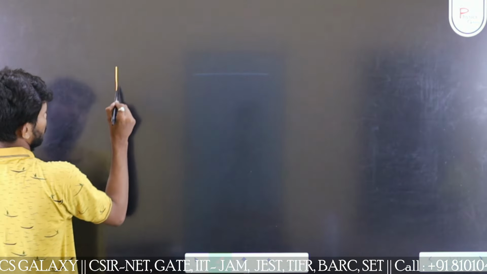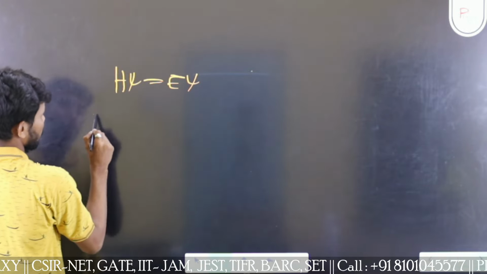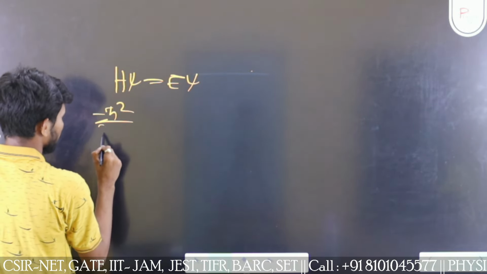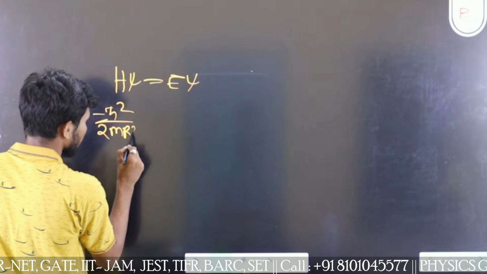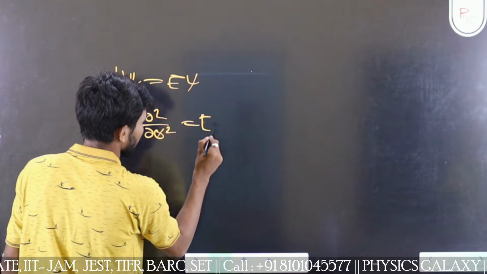Now the Schrodinger equation is H psi equal to E psi, so minus ħ square by 2m r square del 2 del phi 2 psi is equal to E psi.